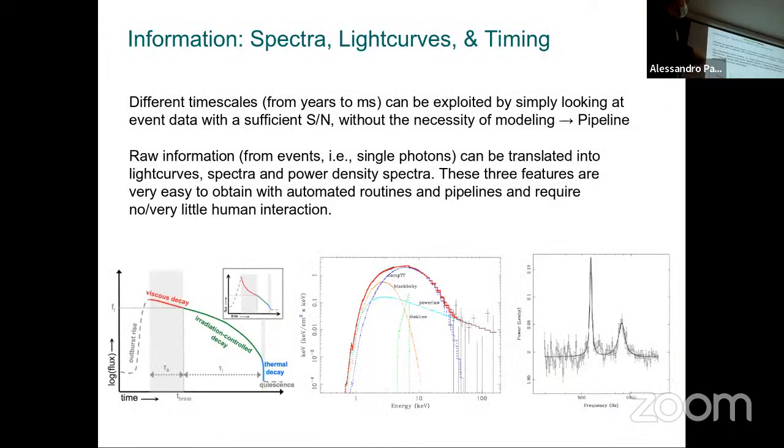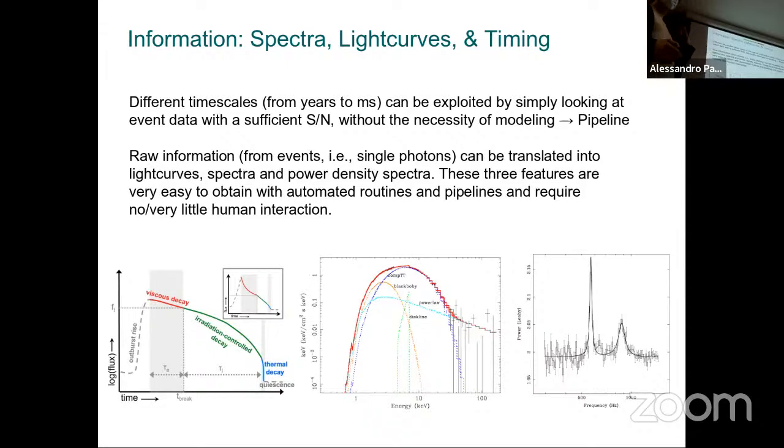So all this is just to say that all these different time scales from years to milliseconds can be detected, and the data can be exploited by just looking at event data, which means single photons, where you have the energy and the arrival time and so on, without the necessity of modeling anything whatsoever.